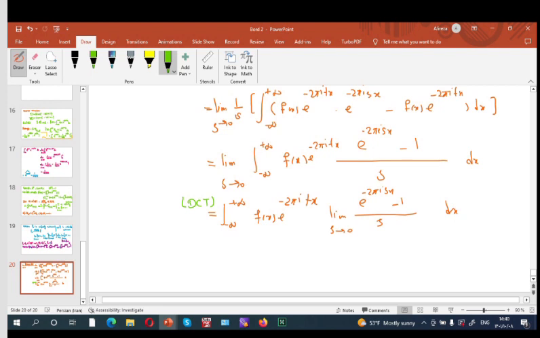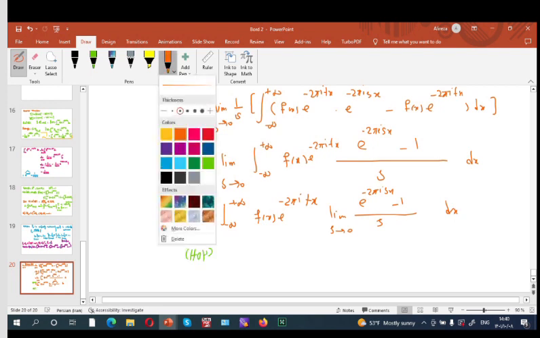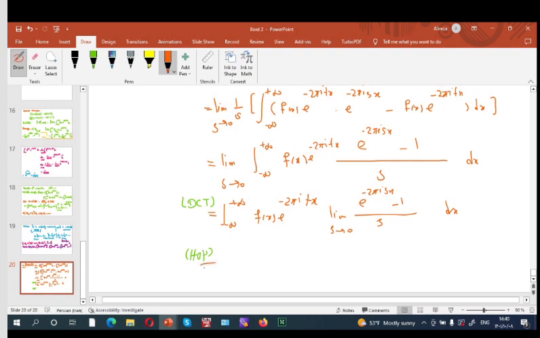It is equal to this integral and this limit, minus 2 pi i x, and 1 over s as s tends to 0, dx.